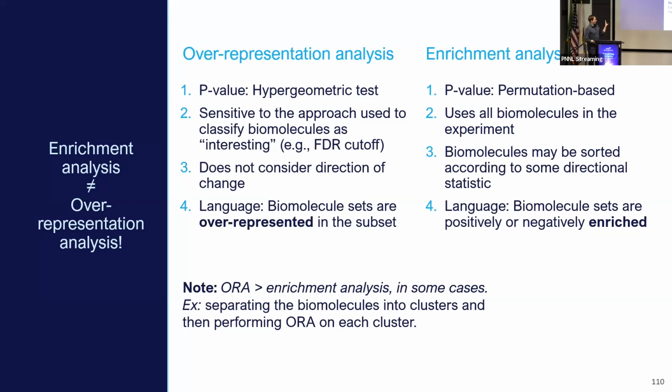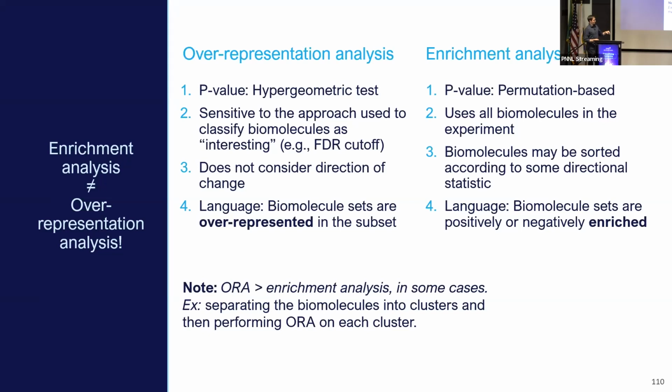And then we're also making use of the direction and the magnitude of change. So before, if something was significant, it was significant. It's just binary, yes or no significance. But here we have more granularity, and we have an ability to actually detect sets where the genes are changing, but they may be very small changes that aren't significant on their own, but overall the set is displaying some sort of concordant behavior that might be interesting.